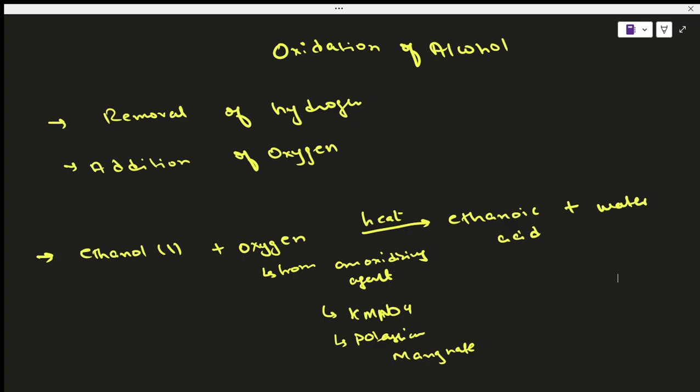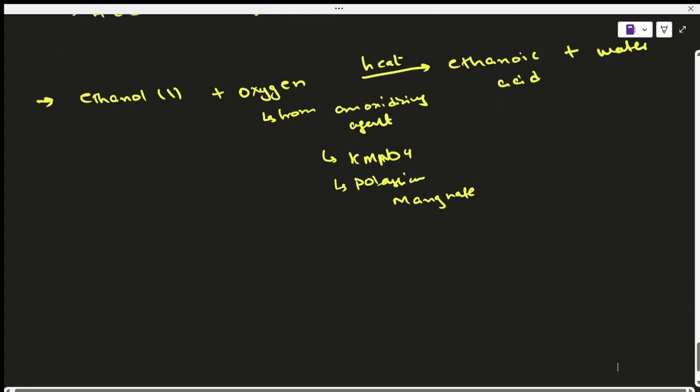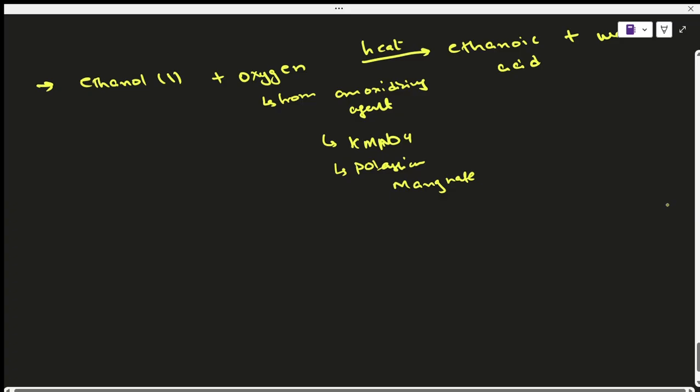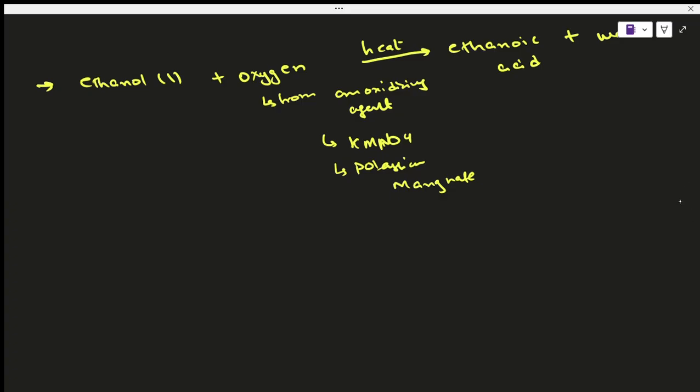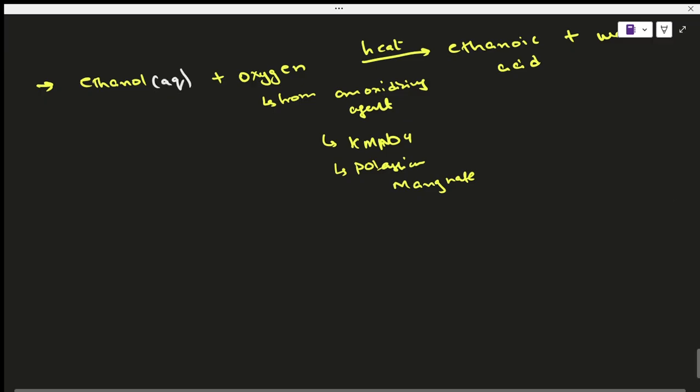Now, if I were to make this equation in the format of structure, how will that look? This is basically aqueous, because the reaction is going to be like this.